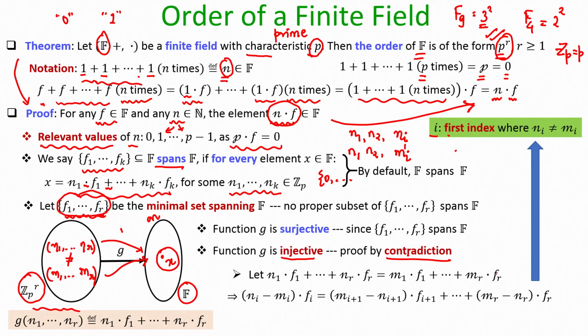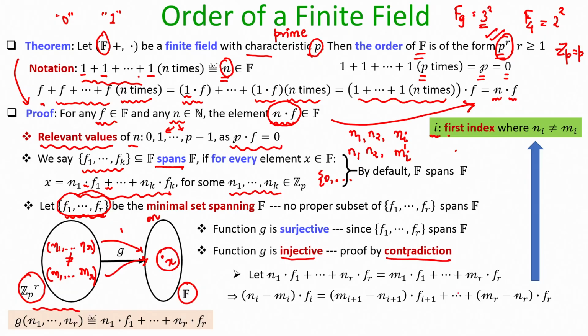That index I could be any index in the range 1 to R, and there definitely is one such index I, because as per my assumption the entire n tuple and the entire m tuple are different. So, if they are completely different, definitely there must be some component, some index I, where the component in the n tuple and the component in the m tuple are different. I do not know what exactly that index is, but that index I definitely exists.